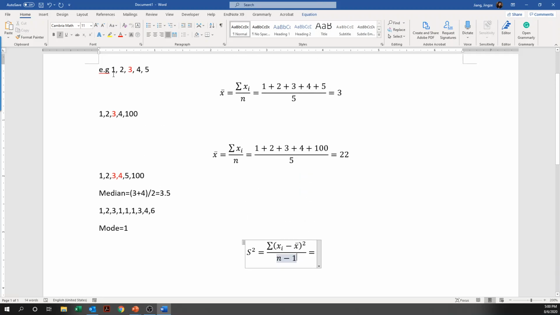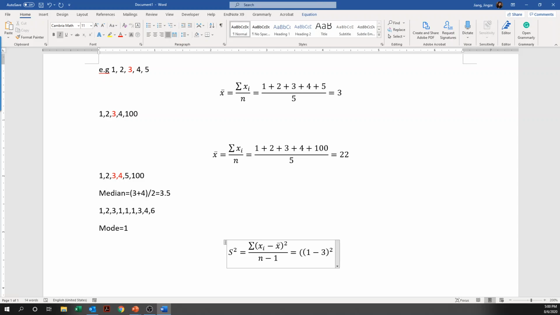If we're using the sample data 1, 2, 3, 4, 5, how are we going to use this formula? The numerator will have x1, the first observation 1, minus the sample mean we calculated, which is 3, and then squared.